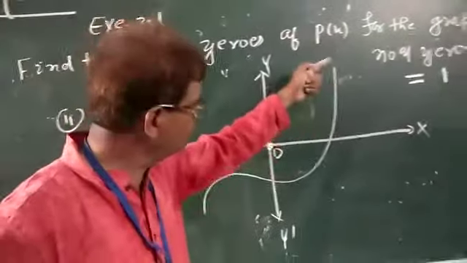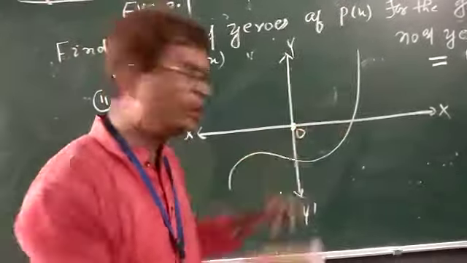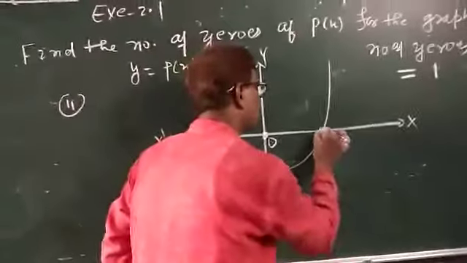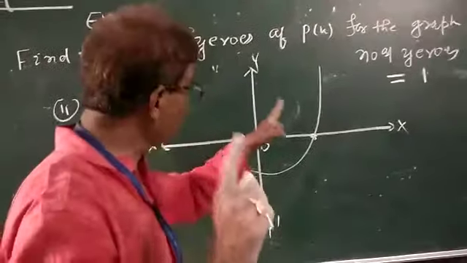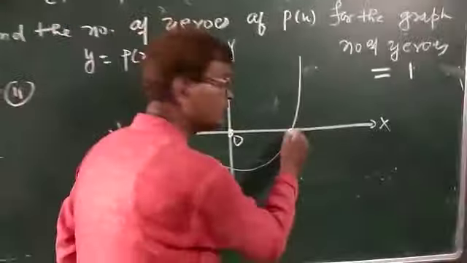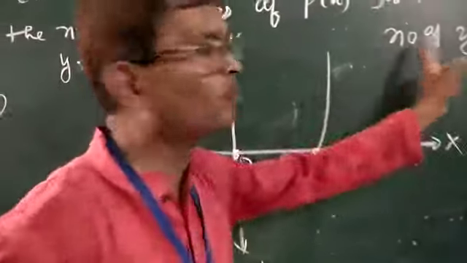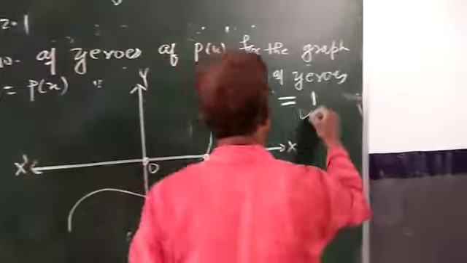In this diagram, this will be the graph line, and this graph line will intersect the x-axis on this point only. So the graph line intersects the x-axis on one point only, and the number of zeros of p(x) in this case will be equal to 1.